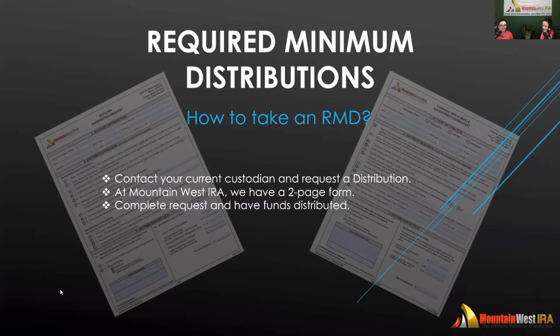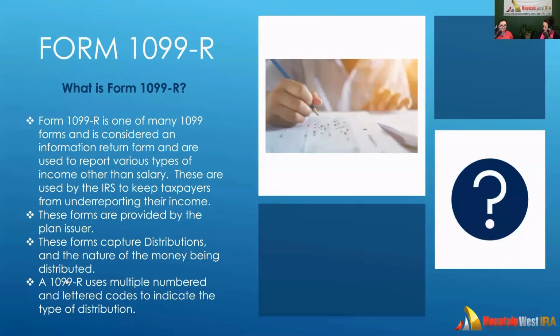So that's going to lead into, you said form 1099-R. What is this form? The form 1099-R is one of a series of 1099 forms that's considered an information return and reports various types of income that is not considered to be salary. These are used by the IRS to keep taxpayers from underreporting their income.